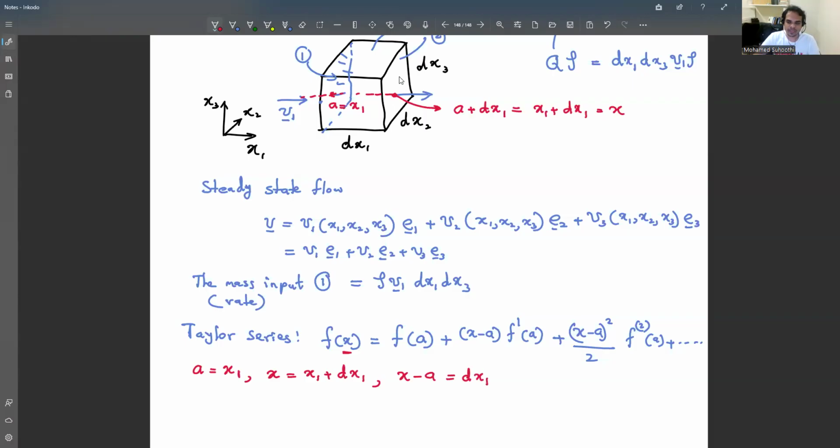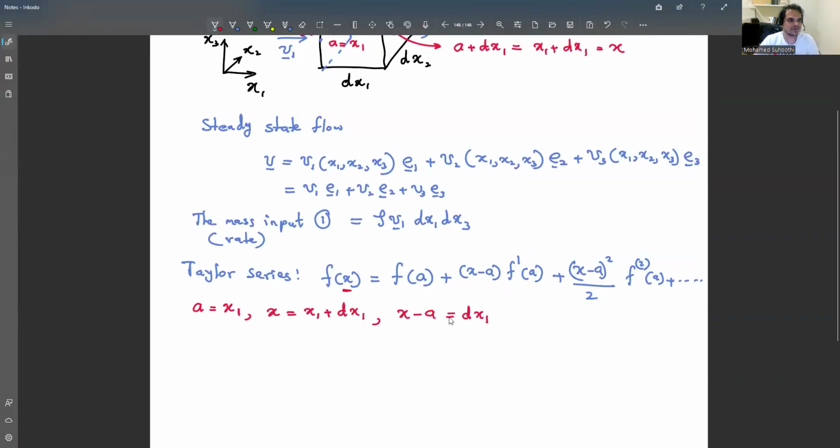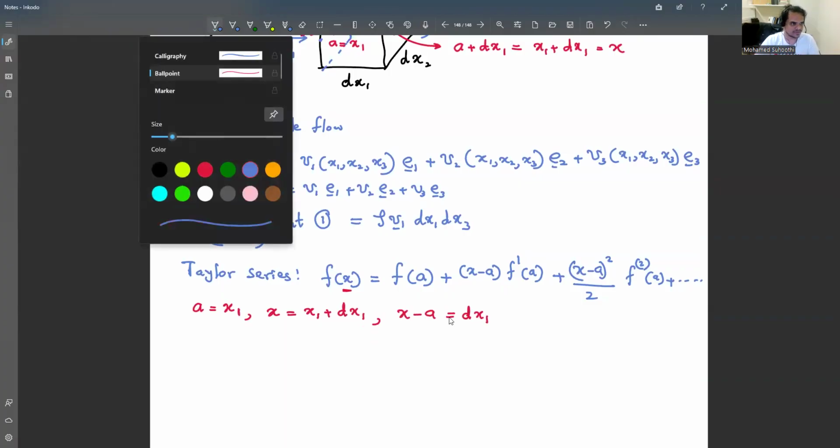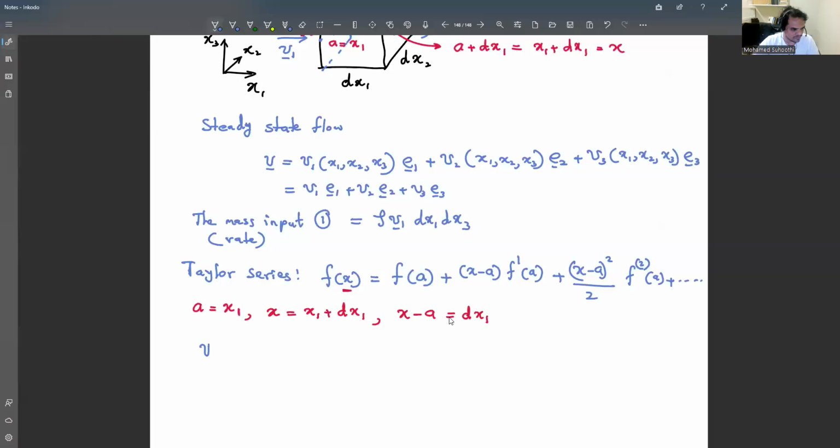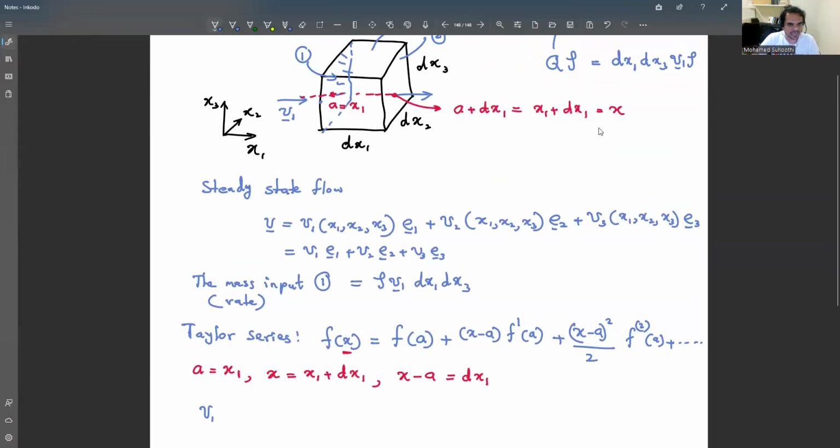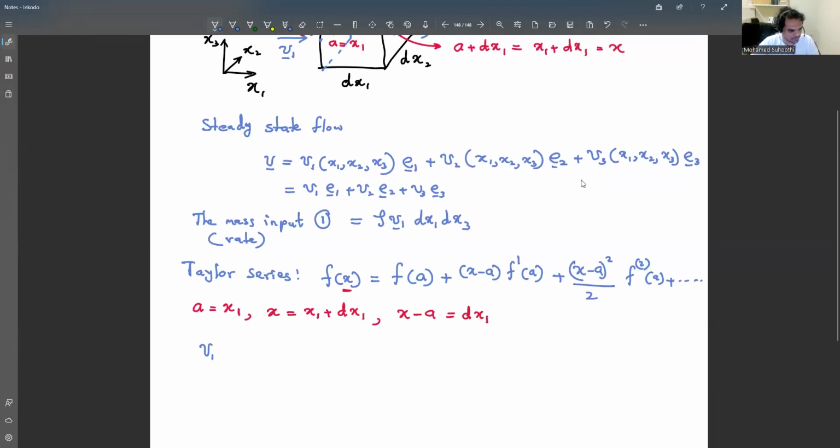Now I'm going to use the Taylor series to find the value of v1 at this point, at x.